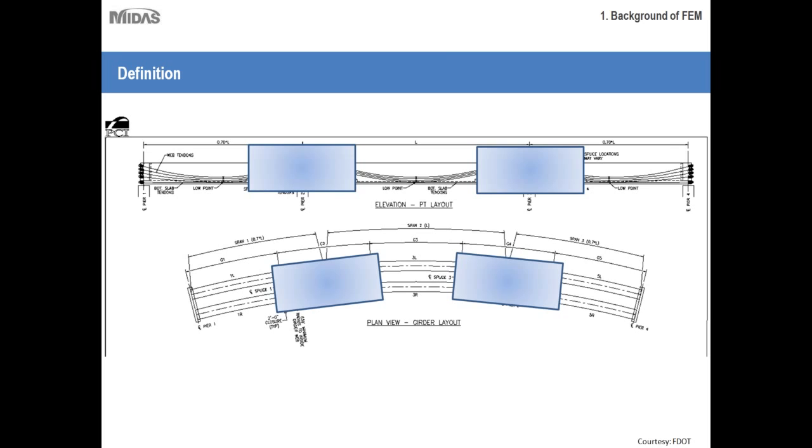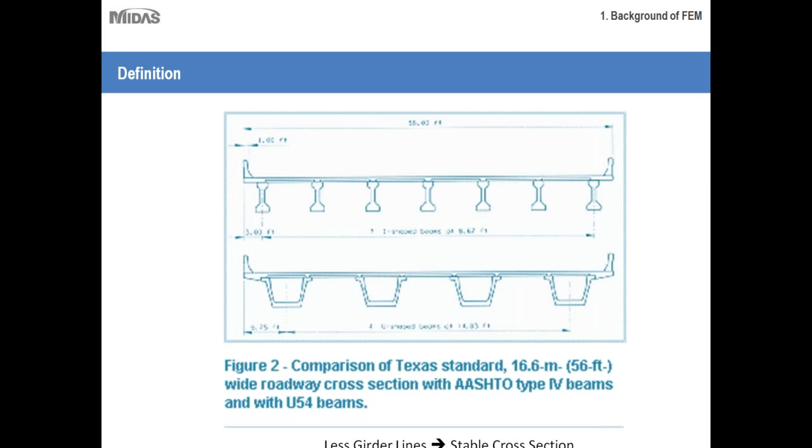So let's talk about the advantages of using this type of section over other conventional practices. Let's first talk about I girders, which are a very common practice. As you can see in this cross section, there are 7 I girders, and for this wide cross section, if you're using a U-tub section, you can have 4 girders only.